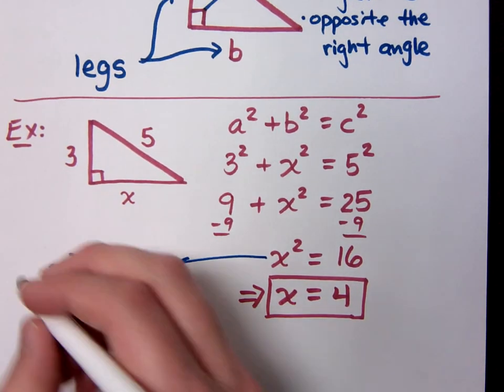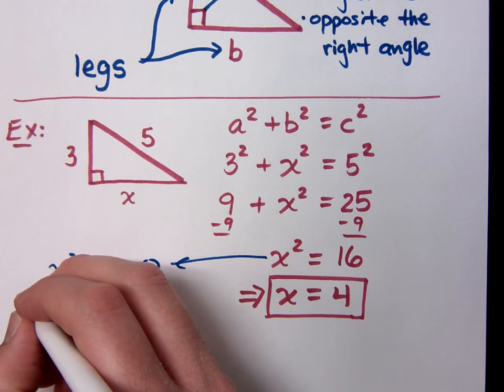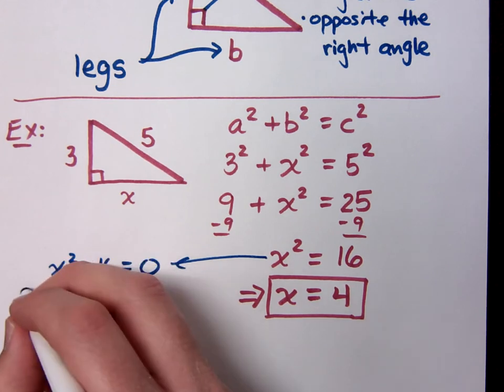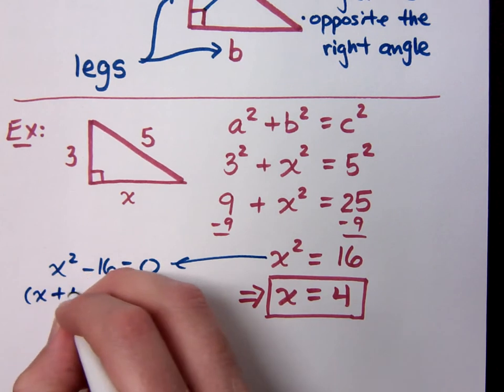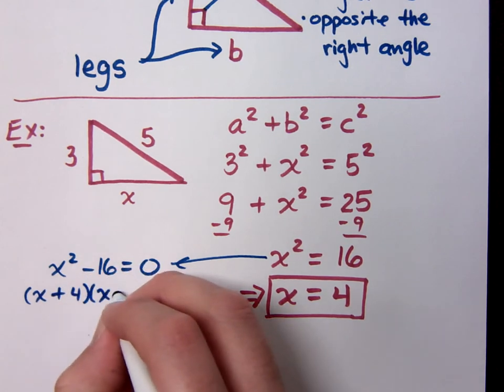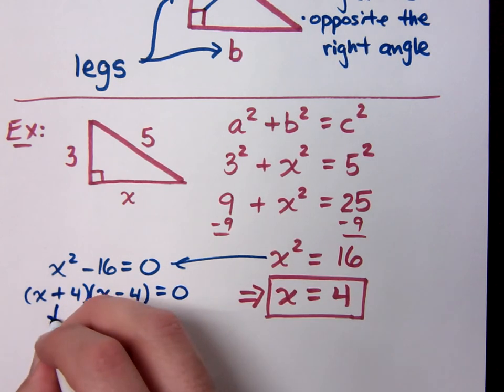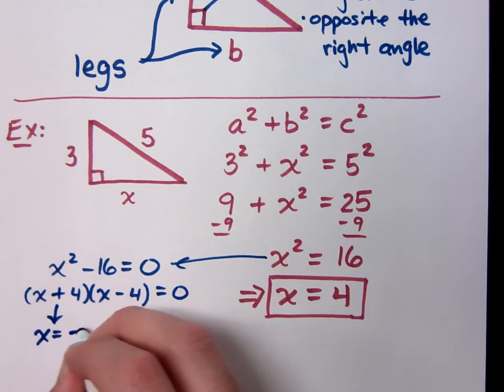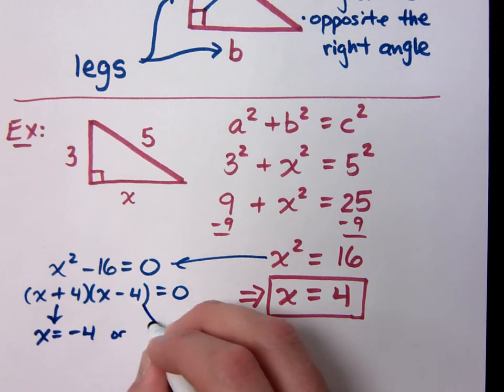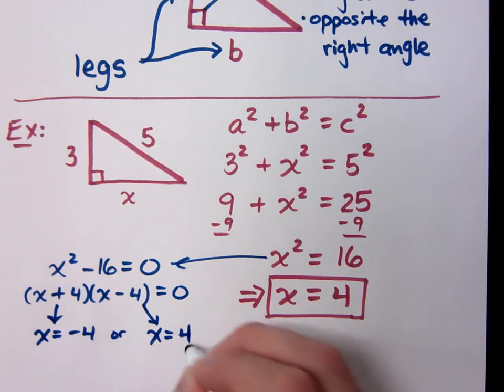Add the 16. I wouldn't add the 16. That'd be going right back where I was. But in terms of the zero factor theorem, I would factor this guy. He's the difference of squares, x plus 4, x minus 4, right? But when I solve this equation, I get x equals negative 4, or x equals positive 4.